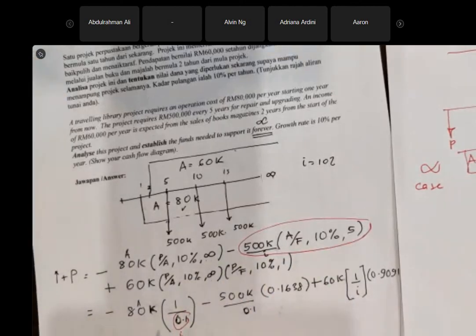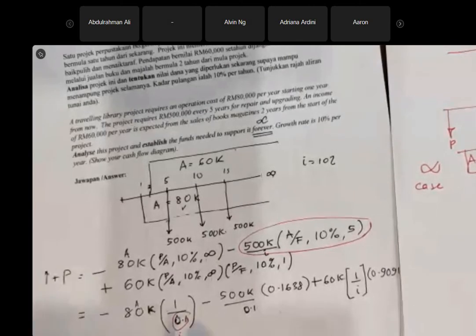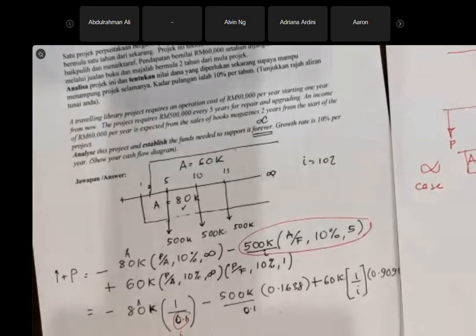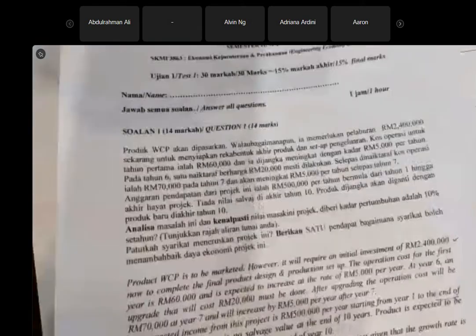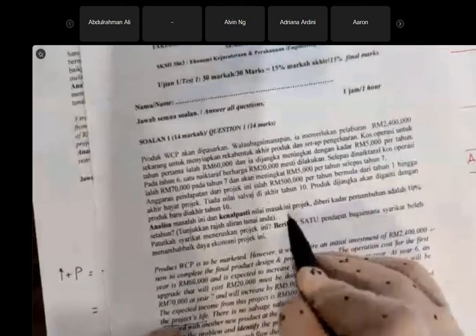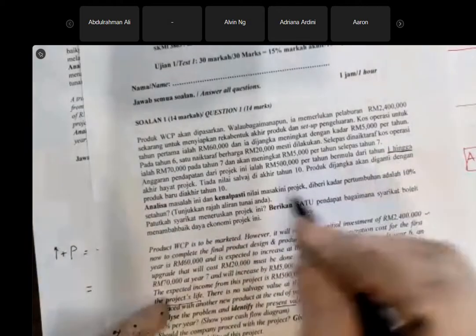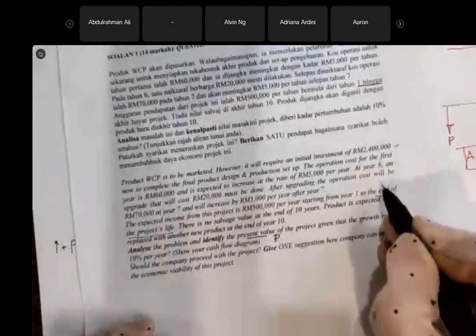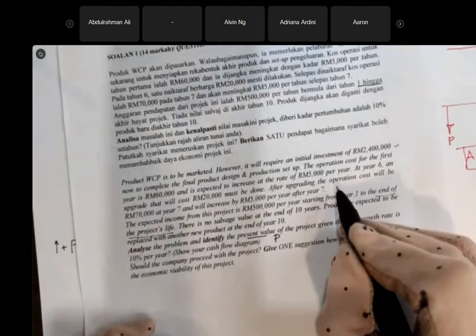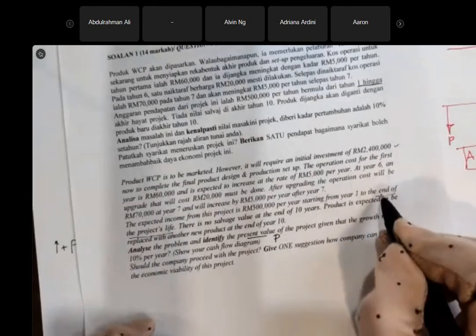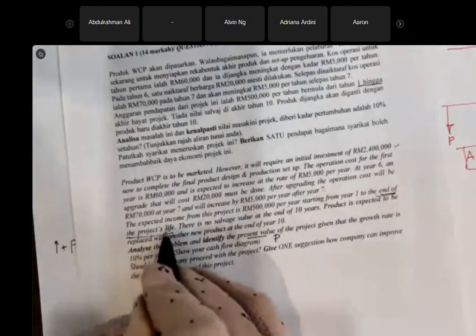It is different to the first one earlier. The first one is not the same because it also has this sentence, end of project life.